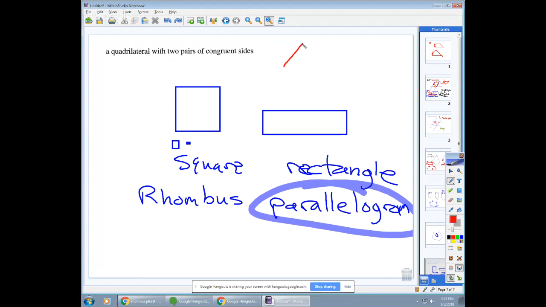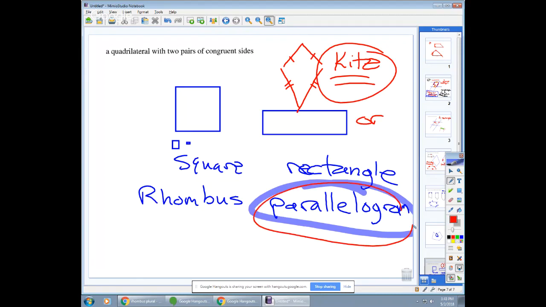A kite looks kind of like this, right? And usually this side and this side match, and this side and that side match. Two pairs of congruent sides. So a kite works here also, and that is a mathematical figure. So it looks like it's a kite or a parallelogram.